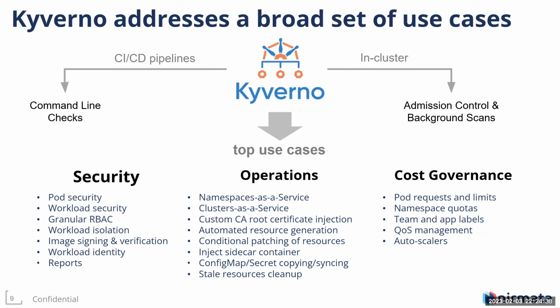Kyverno has a lot of use cases for operations teams. One of the things that makes Kyverno extremely popular for platform and ops teams is the ability to do things like namespaces as a service. You create a namespace with a bunch of other resources in it. Kyverno can generate all of those resources for you based on policy defined as a manifest that you store in Git.